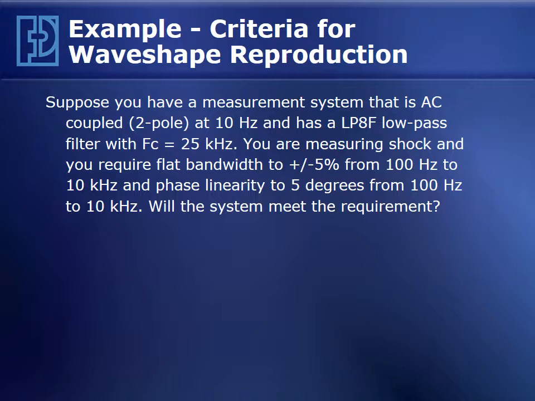We're trying to measure shock, and we want a flat bandwidth to within 5% from 100 Hertz to 10 kilohertz. And we want phase linearity to within 5 degrees from 100 Hertz to 10 kilohertz. The question is, will the system meet this requirement?